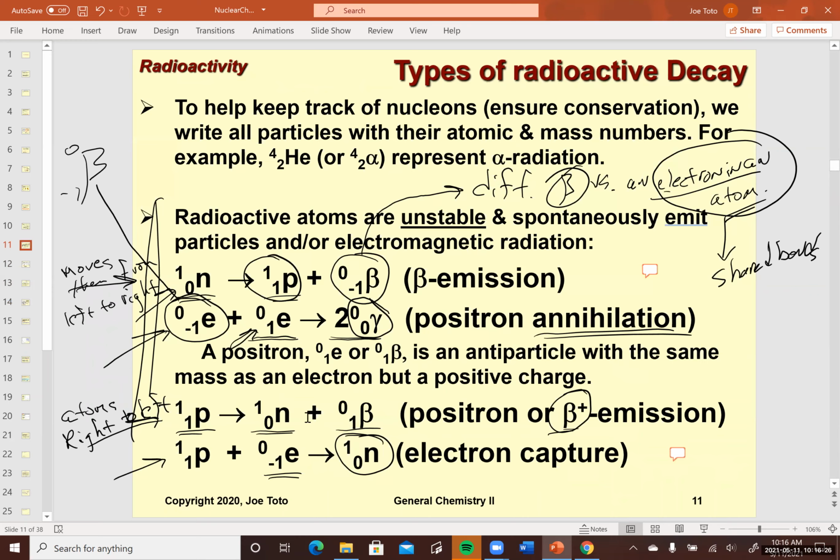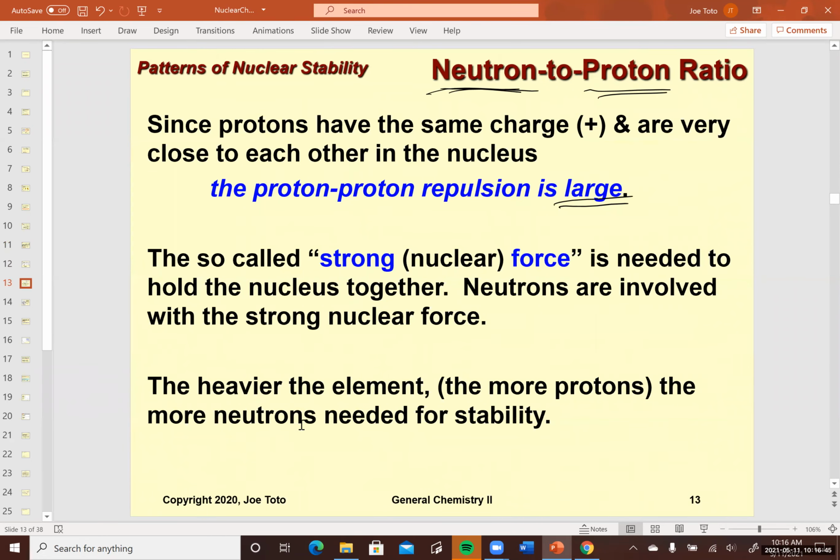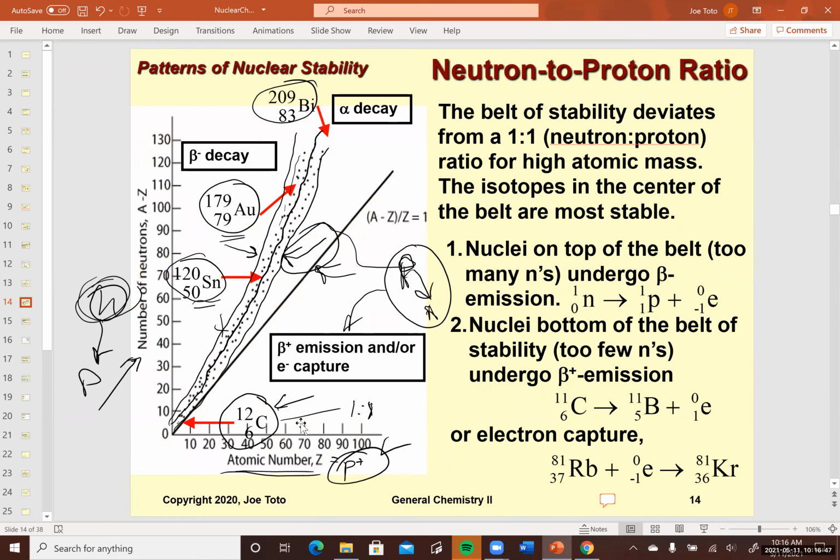So there's two ways to convert protons into neutrons, and there was one way to convert a neutron into a proton. So we're going to use those now to rationalize possible decay paths for certain nuclei that can be found on the upper part or the lower part of the belt of stability.